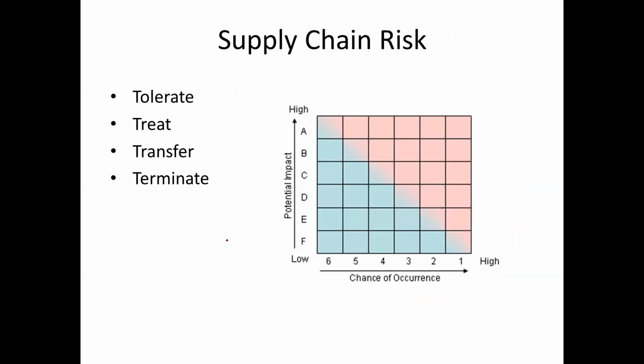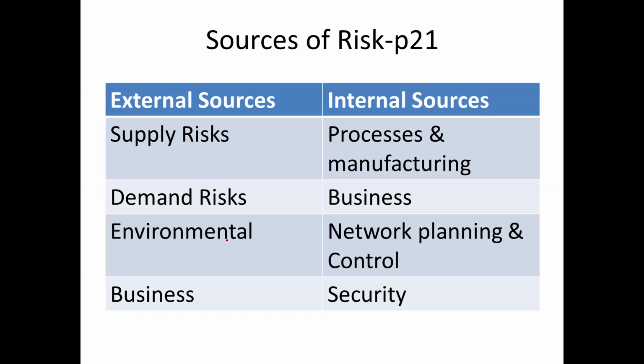Risk, we need to identify it, assess the impact and probability, and then implement a strategy: tolerate, treat, transfer, terminate. Sources of risk, the study guide shows this one here, external sources and internal sources, and there's obviously 4 of each.